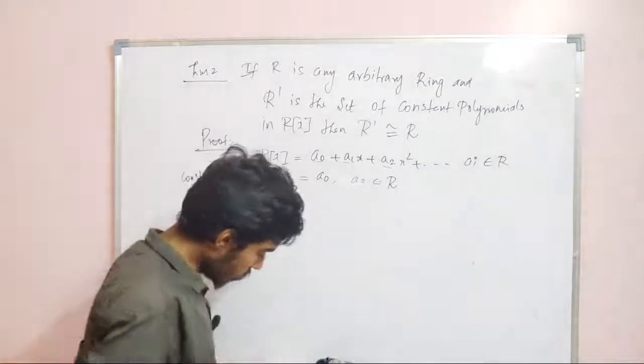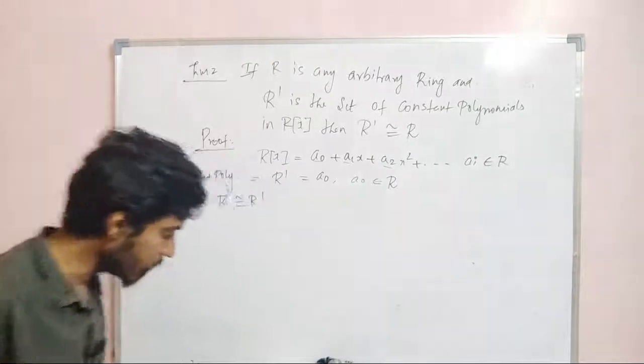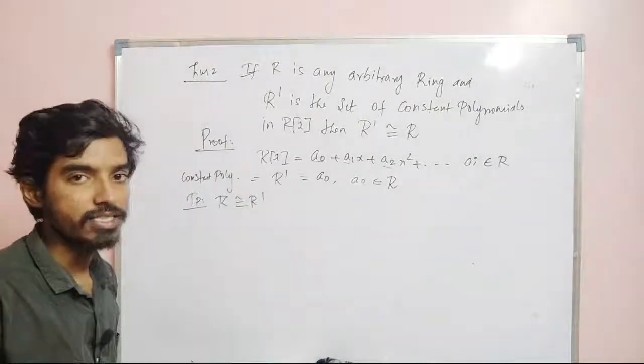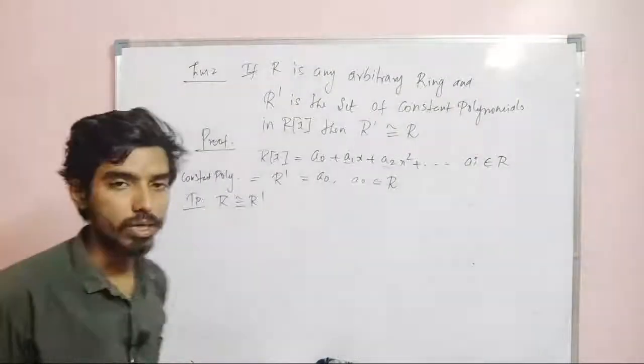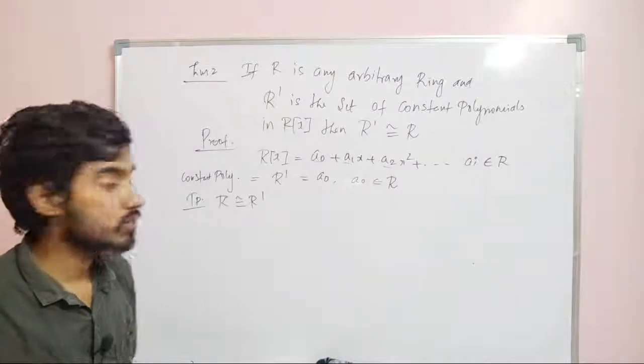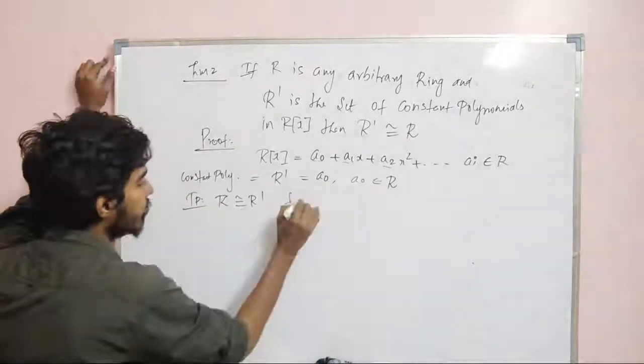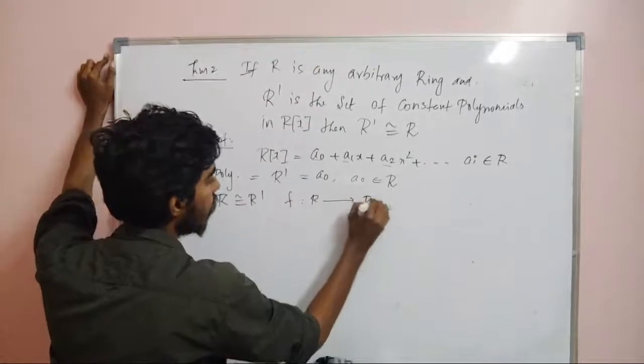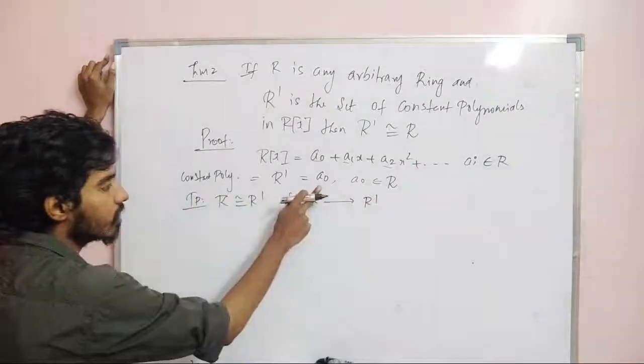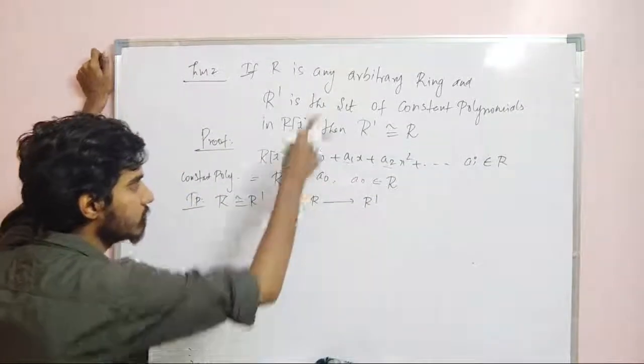So therefore we need to create a map from R to R dash, and then prove that the map is one-one, onto, and a homomorphism. So I'm going to create a map f from R to R dash. R dash is the set of all constant polynomials, and R is the ring that we are choosing.